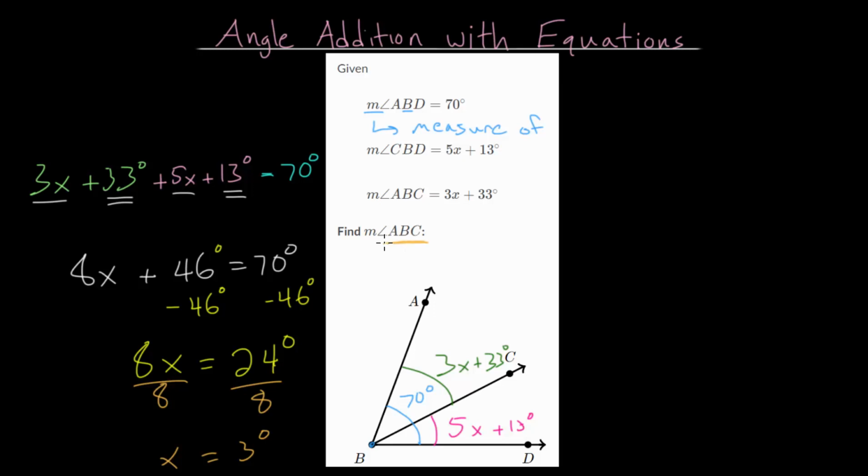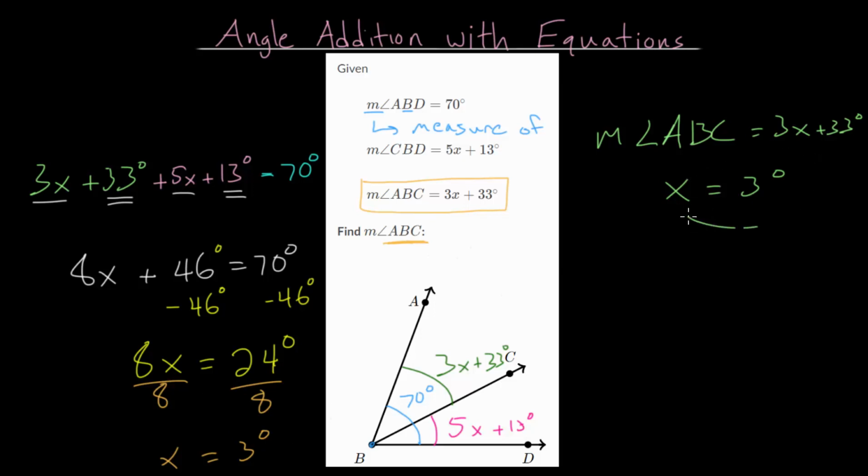So we found our x value, but that's not the end of this problem. We still need to figure out what the measure of ABC is. But we're told the measure of ABC is this 3 times x plus 33 degrees. So let's use that information. Let me rewrite it with the green color. The measure of ABC, we're told, is 3x plus 33 degrees, and we found that x is 3 degrees.